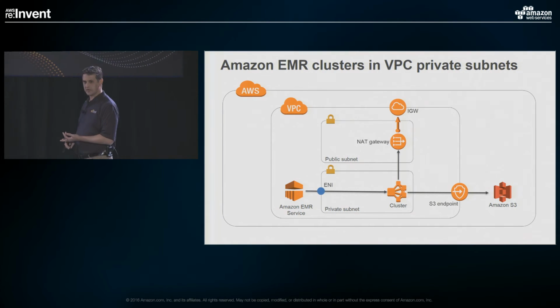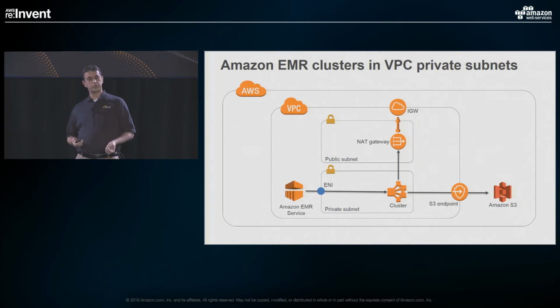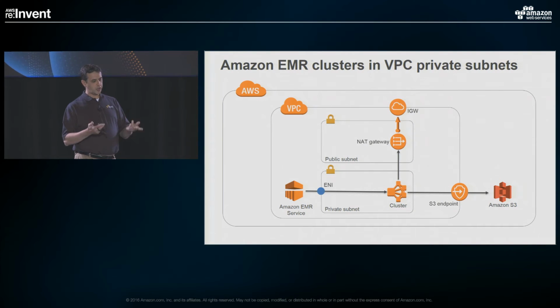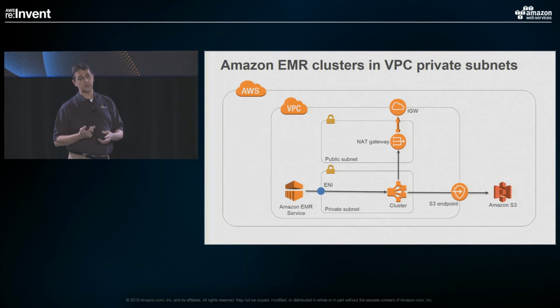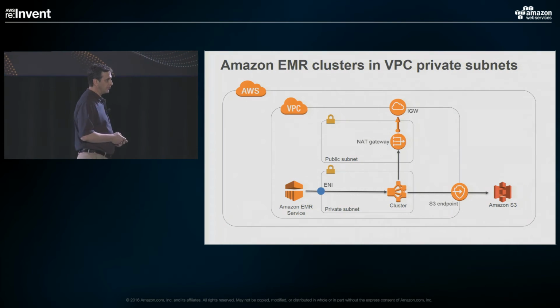DynamoDB is a NoSQL managed service that we provide. In that case, in addition to having the S3 endpoints to access the S3 objects, you need a NAT gateway or even an EC2 instance running NAT. That would work as well to be able to access the public endpoints for DynamoDB. But regardless, your EMR cluster is running in the private subnet.